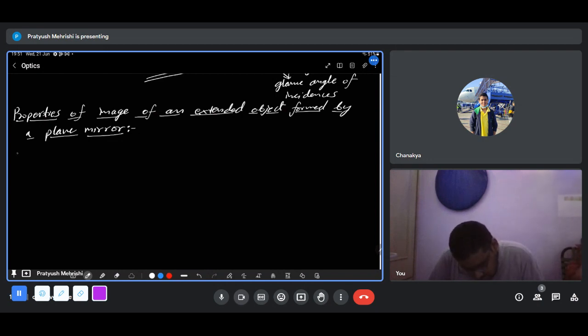Okay. Again, first point is size of the extended image is equal to size of the extended object. Write it down.